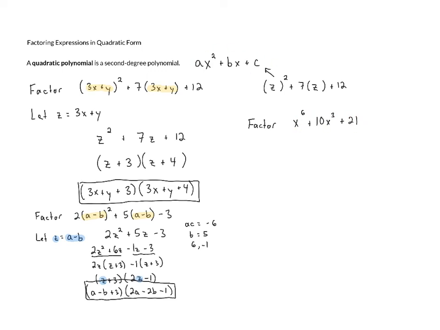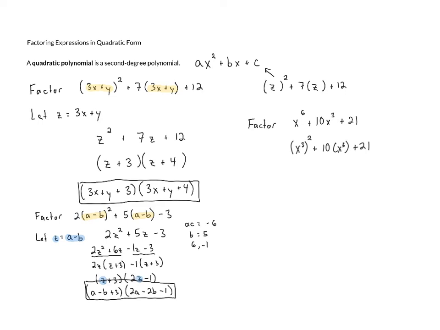One of them is constant, and if we look at the variable parts of these terms, one of them is equal to the square of the other one. In fact, we could rewrite this as x cubed squared plus 10x cubed plus 21.